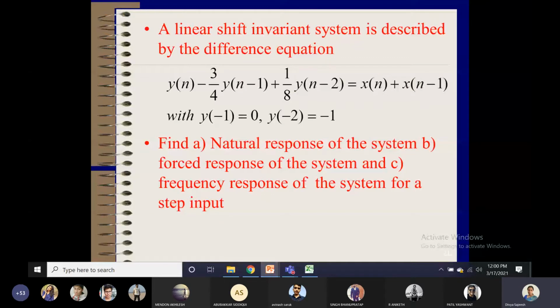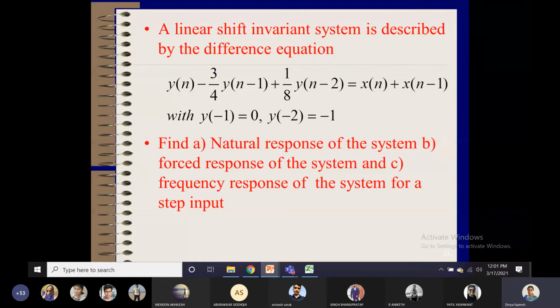The system given here is y of n minus 3 by 4 y of n minus 1 plus 1 by 8 y of n minus 2 equal to x of n plus x of n minus 1. Now certain conditions are given here: y of minus 1 equal to 0, y of minus 2 equal to minus 1.